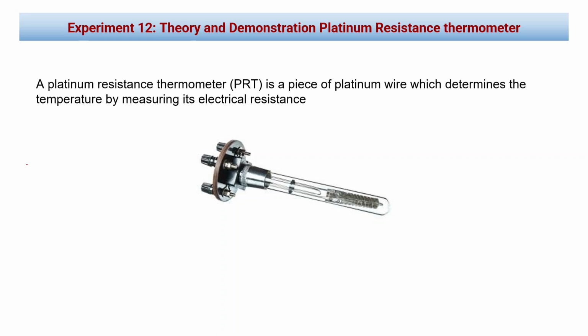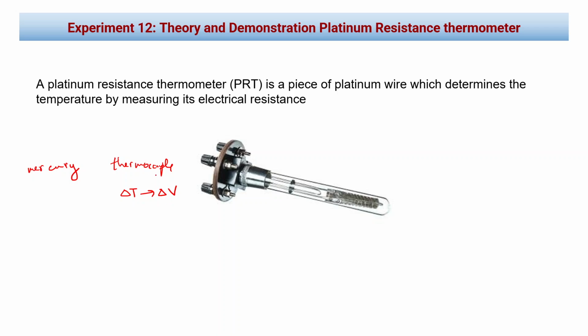With the mercury thermometer, we all know, as the temperature increases, mercury expands and we can read the temperature. Another is the thermocouple. Depending on the temperature difference, we get the voltage difference.